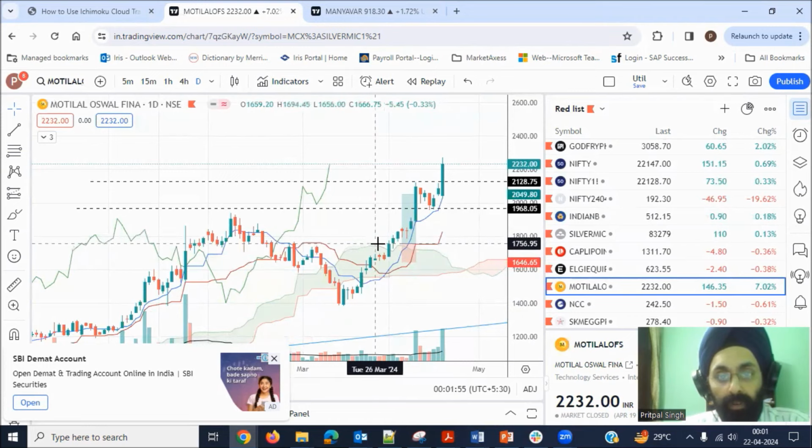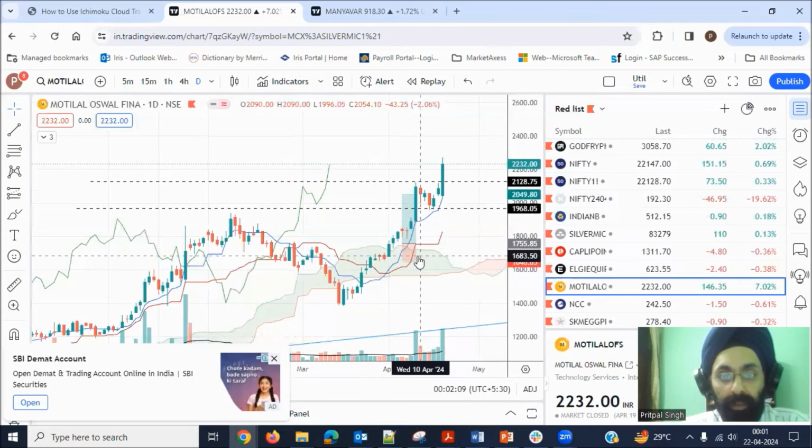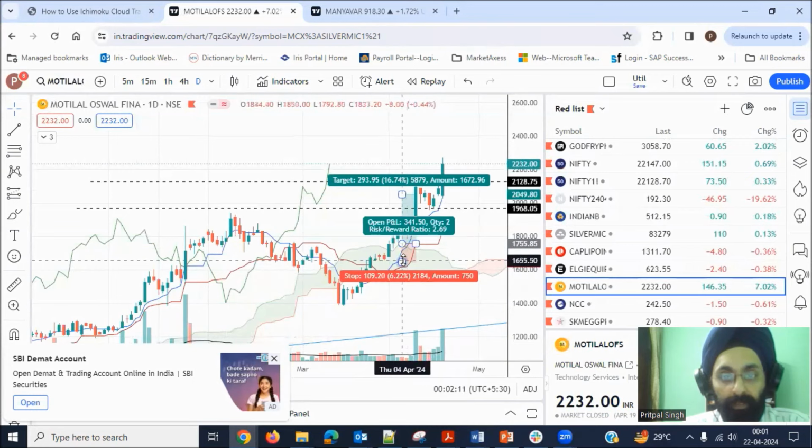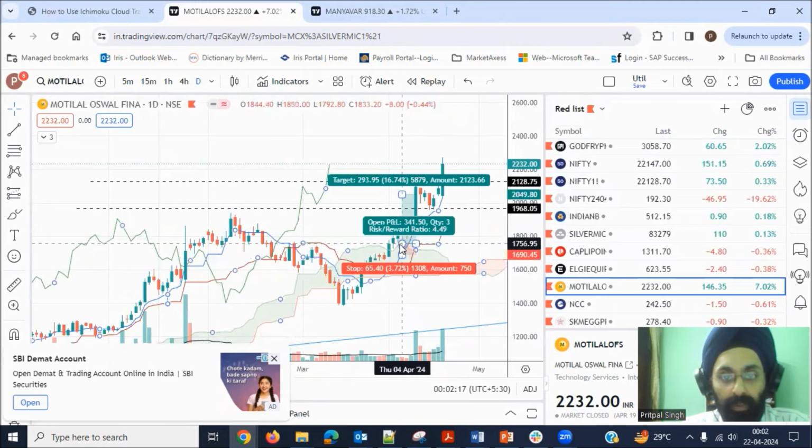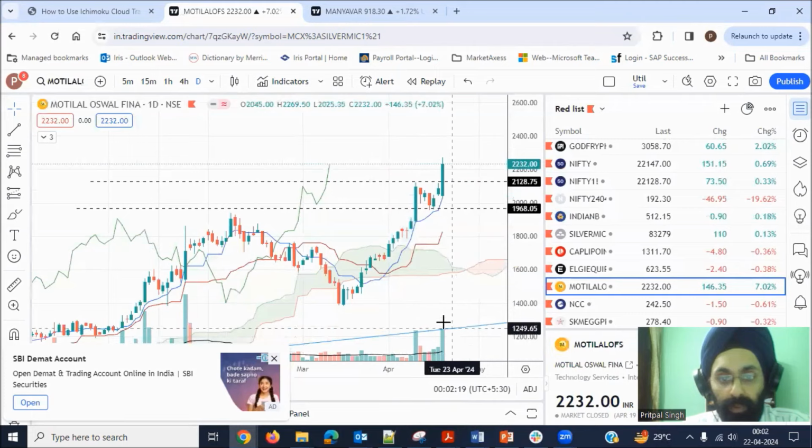So again, a conservative trader will make the entry here, or he can, after he sees that the price almost touched the cloud, somewhere here also make the entry and place the stop loss. Because here you can see the cloud, let me hide this for a second.